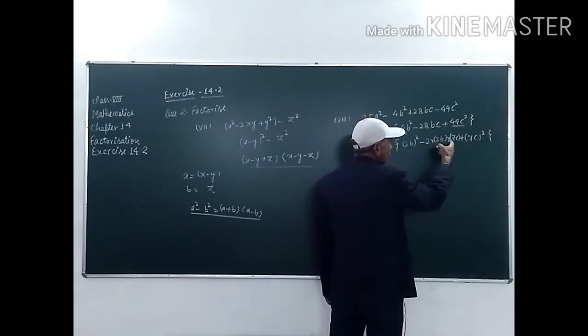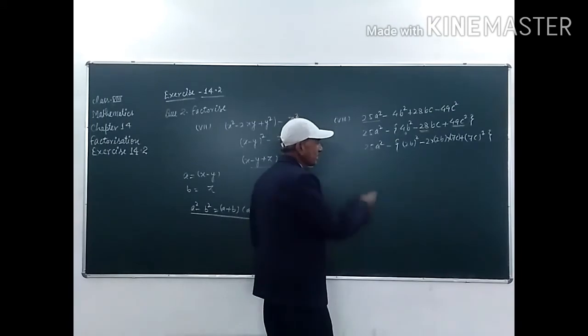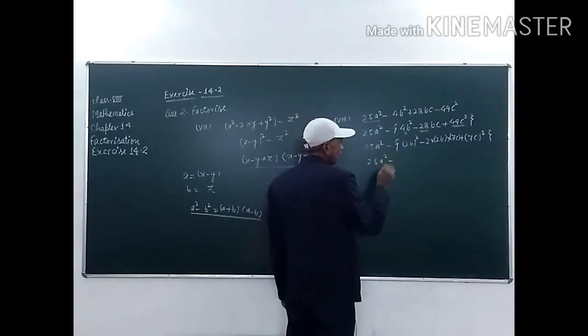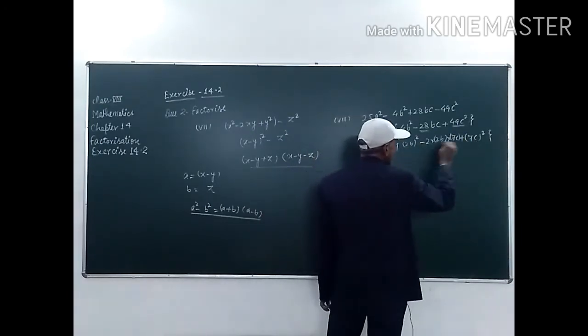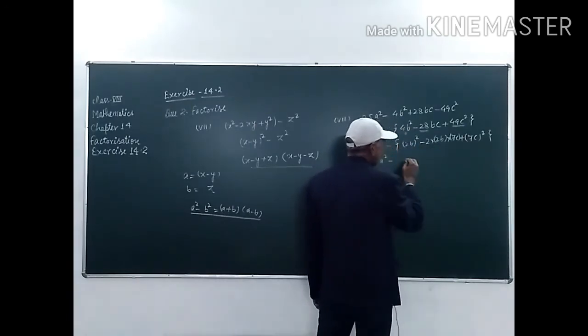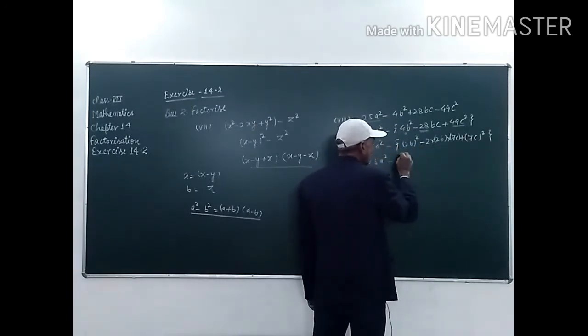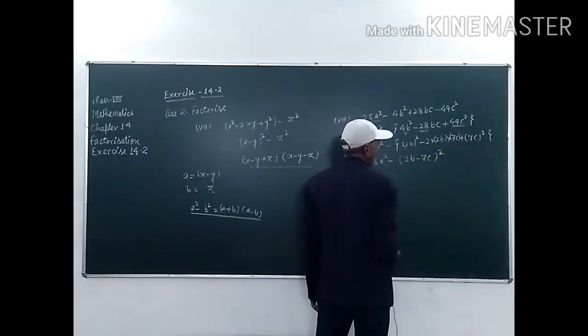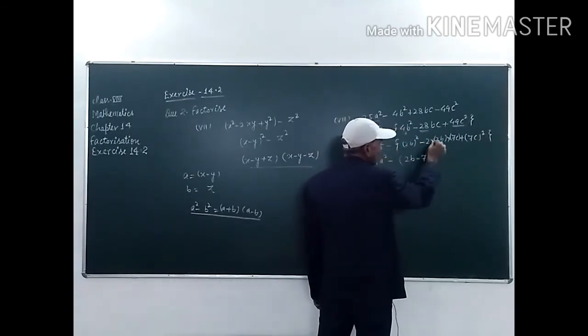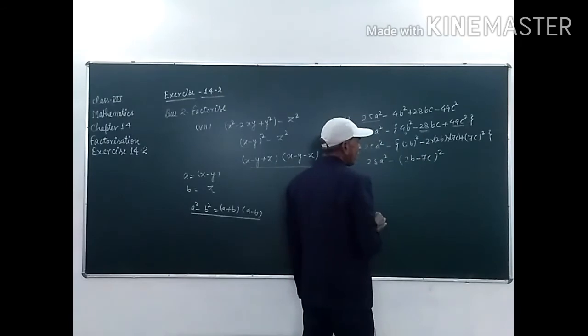So 2 twos are 4, 7 fours are 28, B and C, B into C, that is BC. The next step we will write this like this, 25a square minus, this one is the expansion of 2b minus 7c. So we have to write it 2b minus 7c whole square. Clear student? Because this is the expansion of 2b minus 7c whole square.